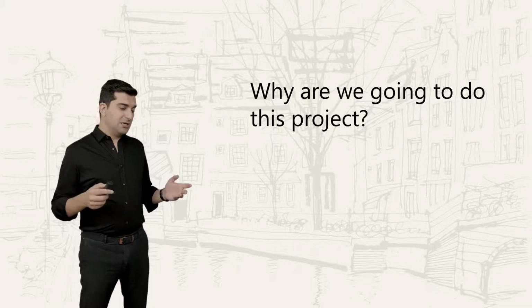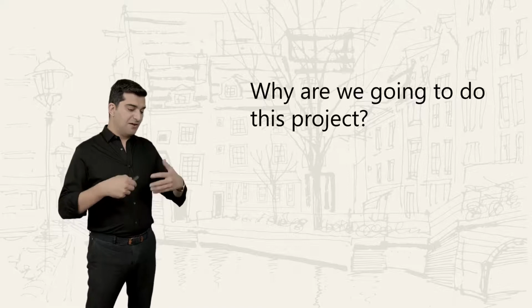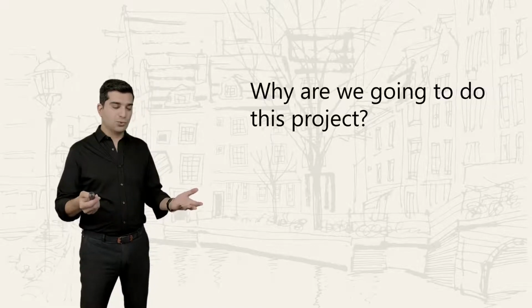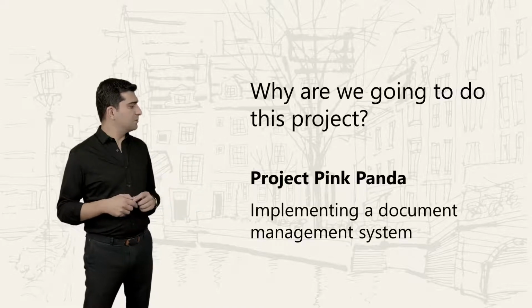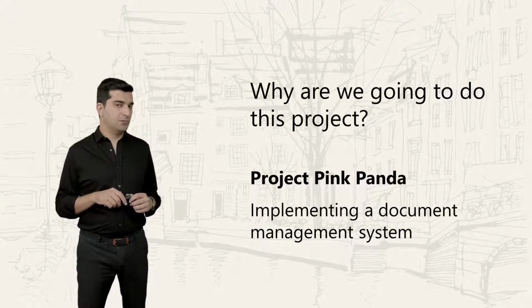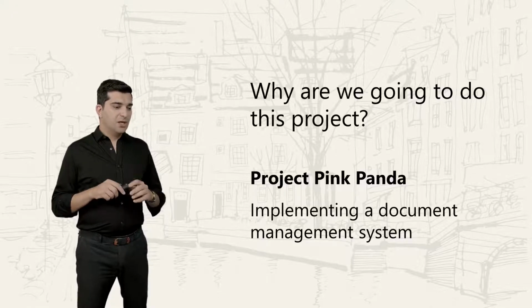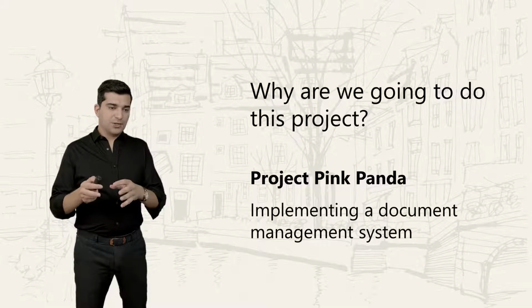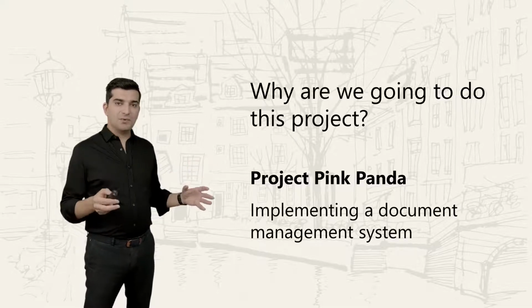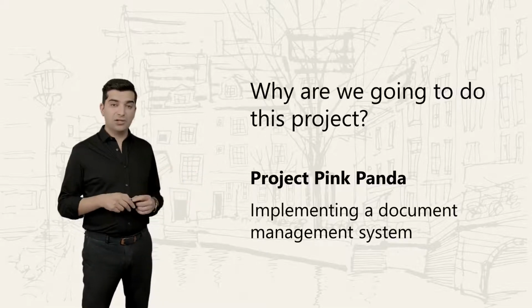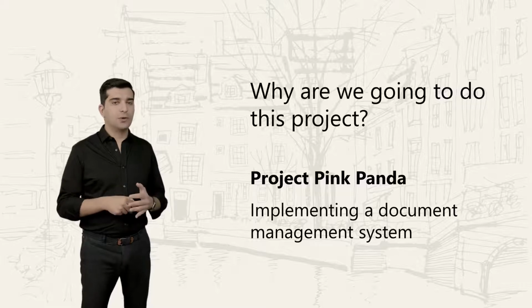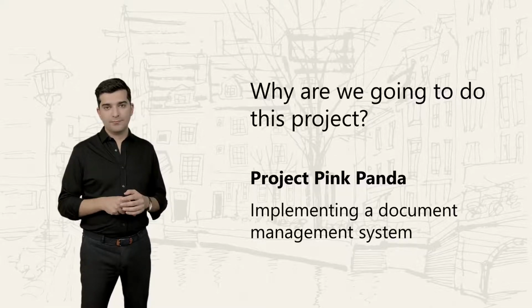So let's say you have been appointed to a project to implement a document management system. All right? Now, it is in the beginning of the project. You go there and ask people, especially people who have initiated the project, why they want this project.